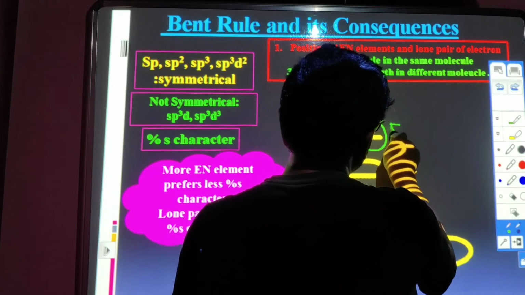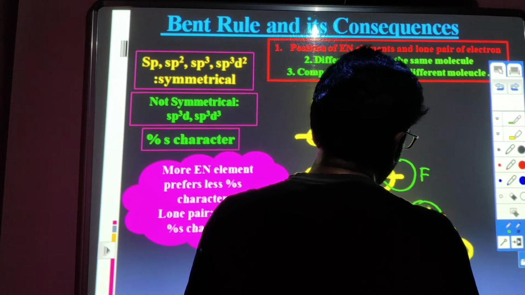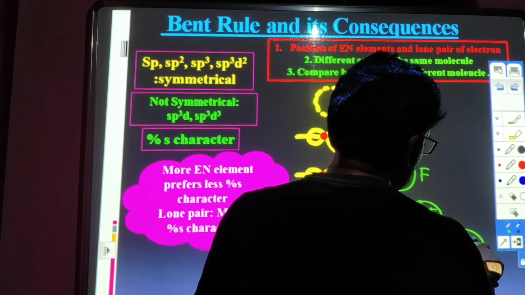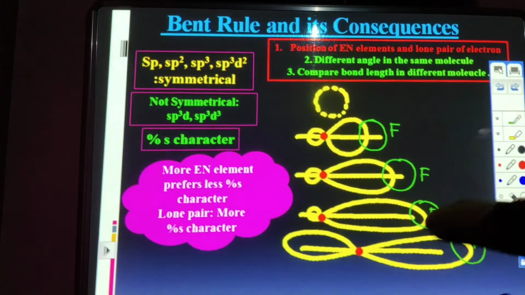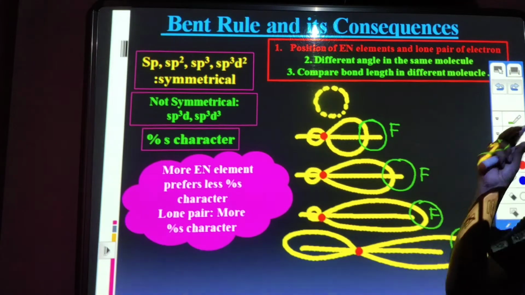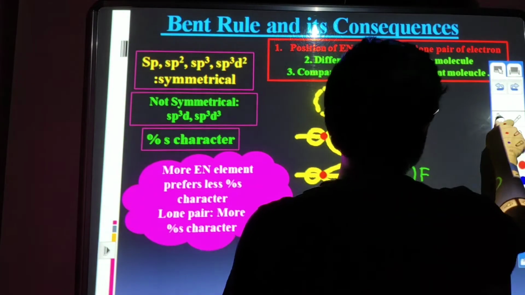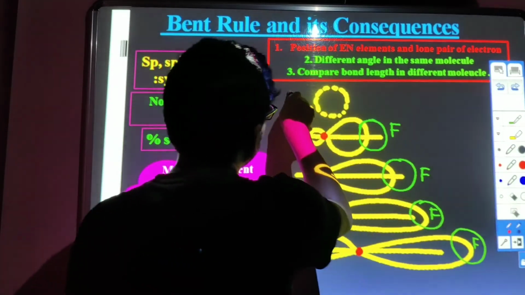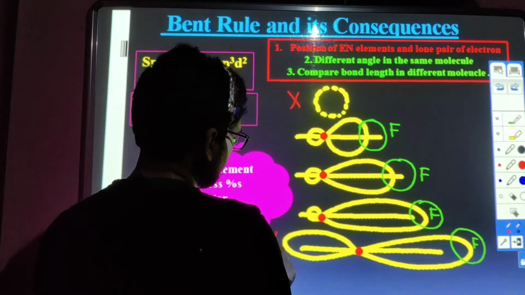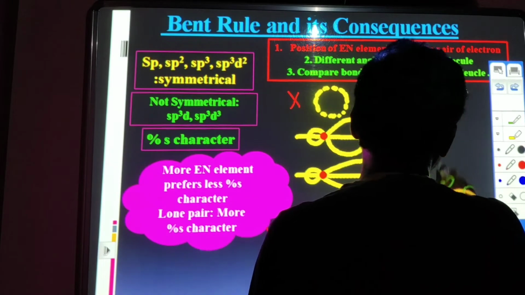An unhybridized orbital won't form the bond preferably compared to the hybridized orbital. So I am not going to show bond formation with s and p. Remove that one. Pay attention only to this one, and this one.